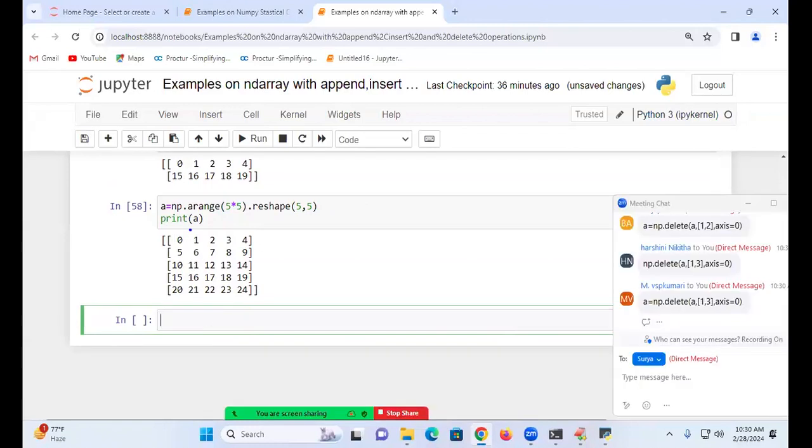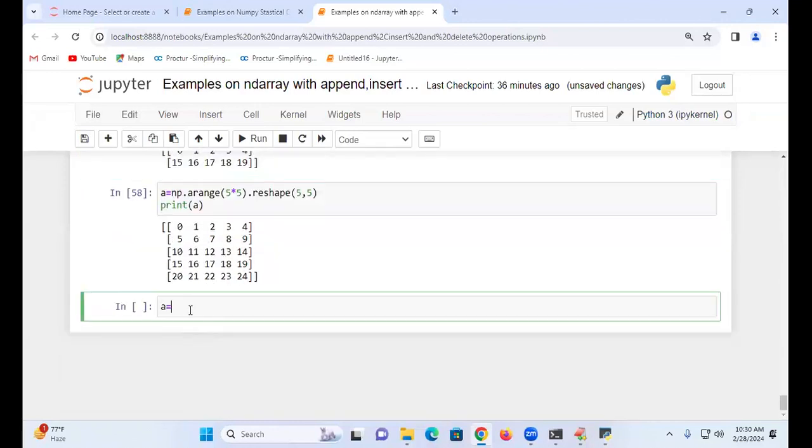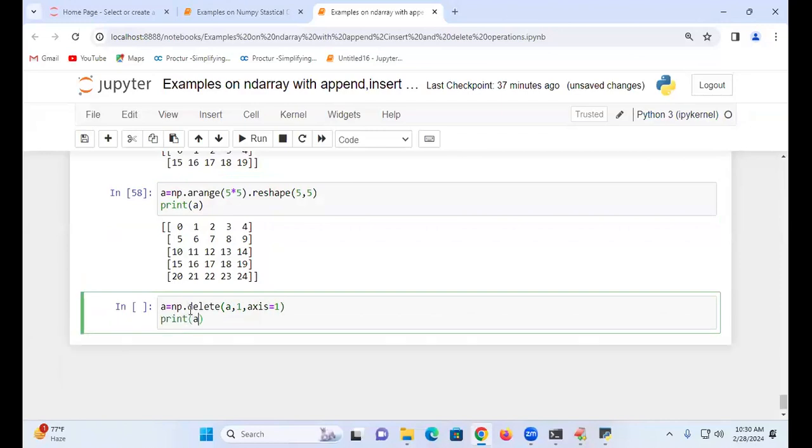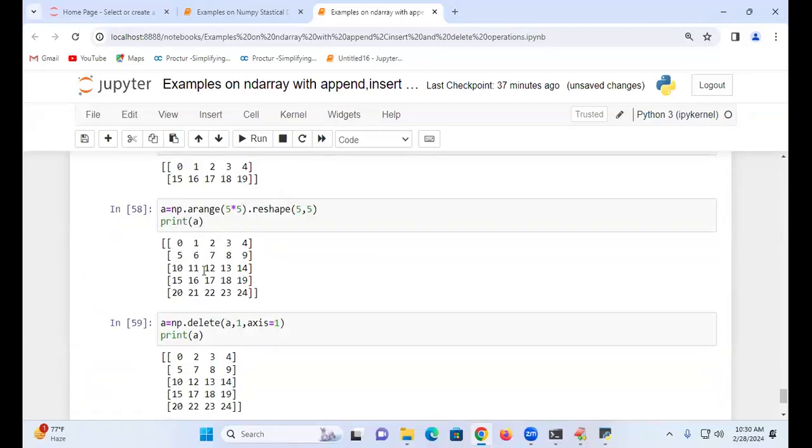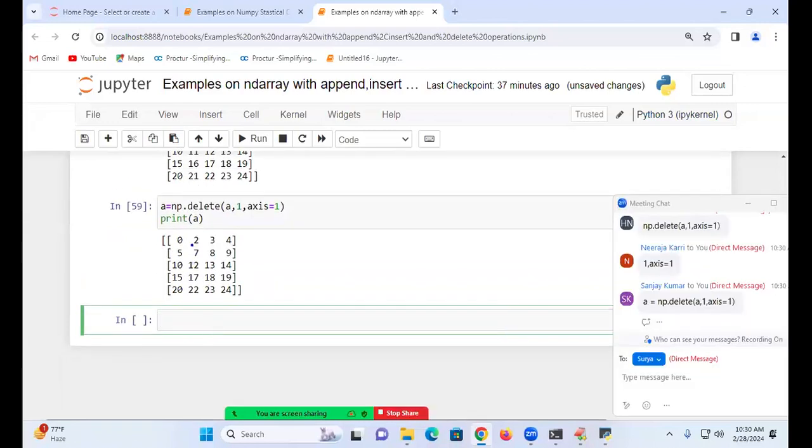Now I want to remove this, now that. Quickly: a = np.delete(a, 1, axis=1). Print a. Is 1, 6, 11 gone or not? Yes.